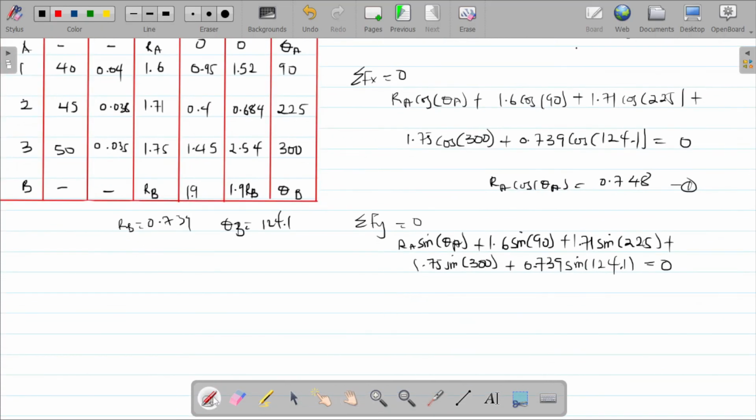Simplifying that, you're going to have 0.513. So equation 2.